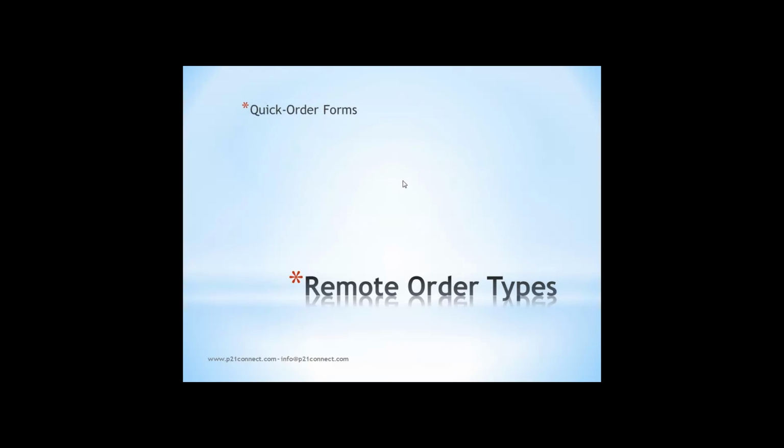Quick order forms are our VMI solutions. They basically allow a user to go out and not have to worry about finding an item in inventory. They're kind of a virtual map of the location. You can create an unlimited number of these forms, and they're all assigned to a specific ship to. We store information about the item and the layout of the area where you're trying to service the inventory.